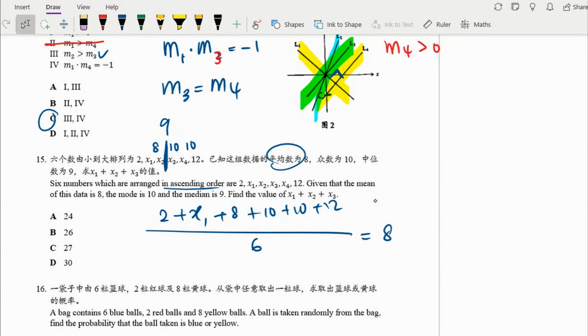This one should be 20, 28, 30, 42. So 42 plus x1 is equal to 8 times 6. 8 times 6 is 40. Wait a minute. Plus 9.